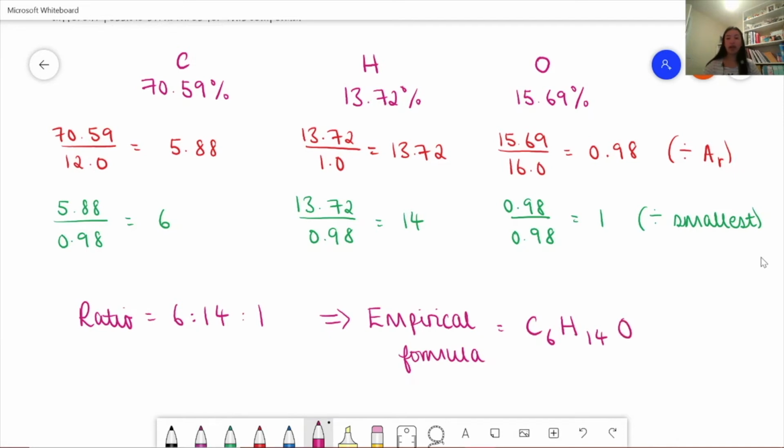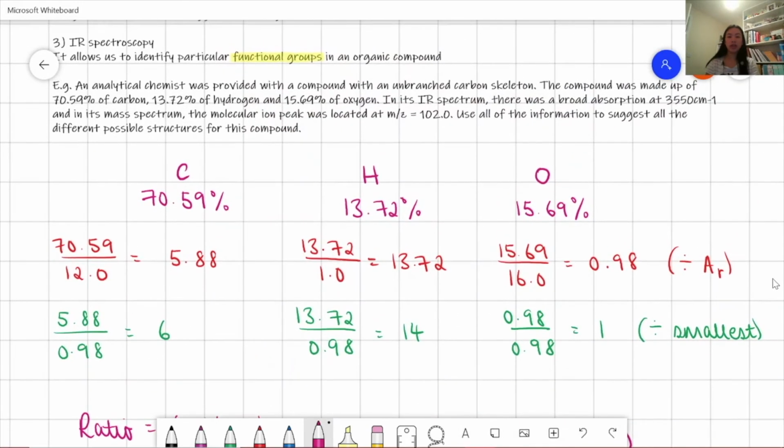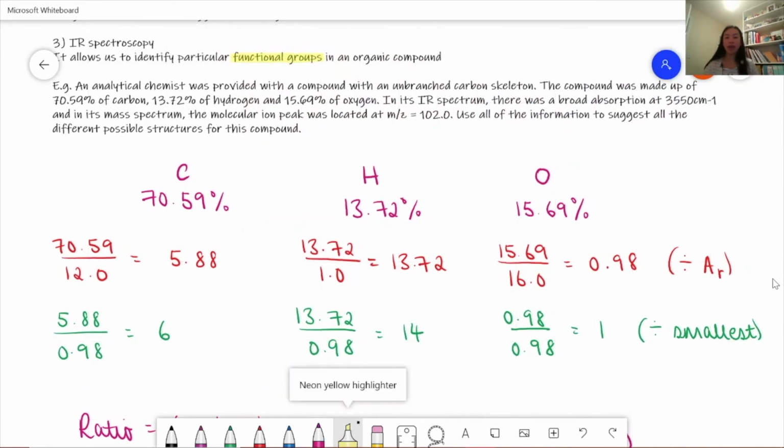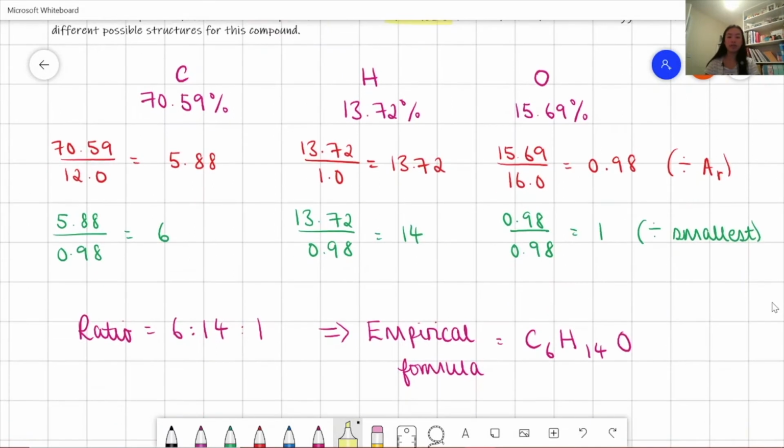And now we can look at the information we've been given about the mass spectrum to work out the molecular formula of this compound. So we're told that we have a molecular ion peak at an m/z value of 102. And wherever the molecular ion peak is, this is actually the Mr of the compound. So we have that the Mr is 102.